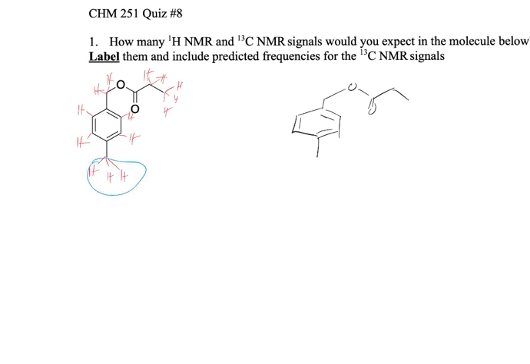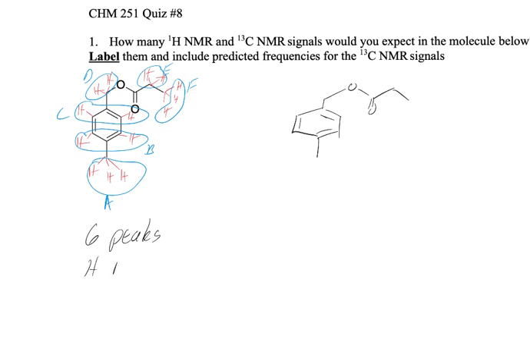So I'm seeing A, B, C, D, E, and F. So how many types of hydrogen is that? That is 1, 2, 3, 4, 5, 6. So I expect 6 peaks for the HNMR.